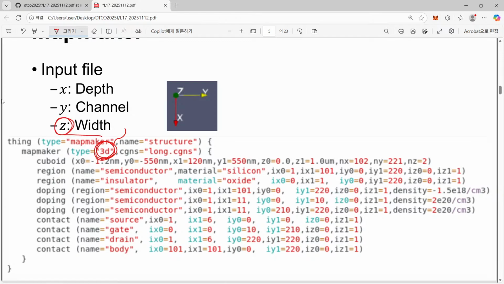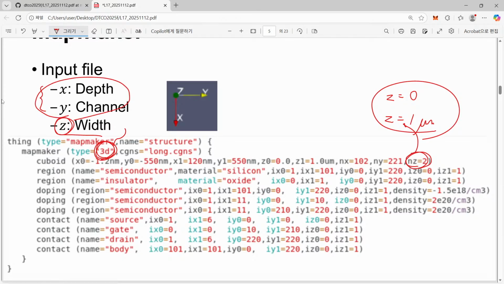Along the Z direction, we introduce only 2 points, at Z equal to 0 and Z equal to 1 micrometer. So this is just uniform, and nothing changes along the Z direction, and we only have variable physical quantities along X and Y. X direction is the vertical direction, and an increasing X coordinate corresponds to deep substrate.